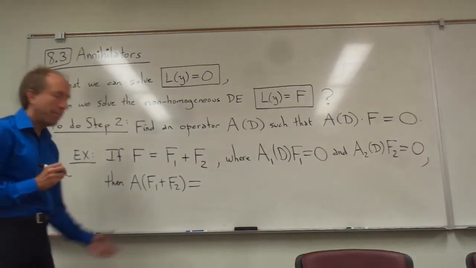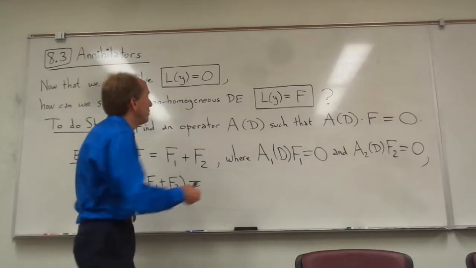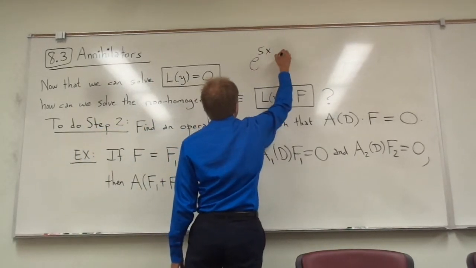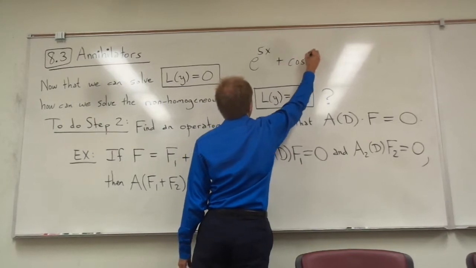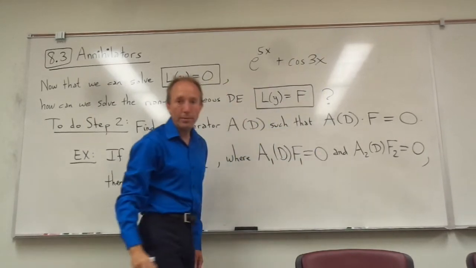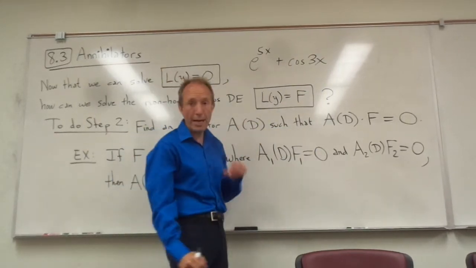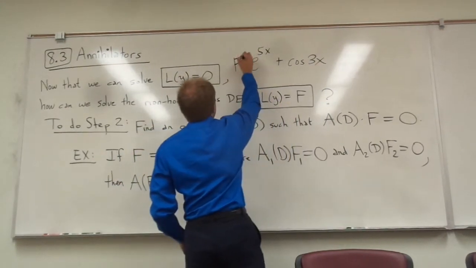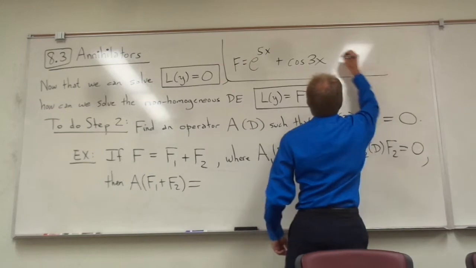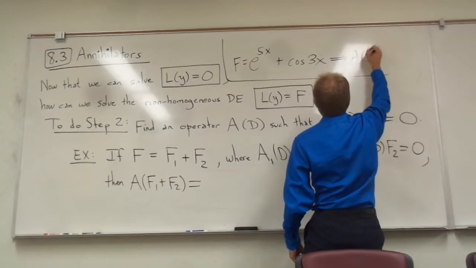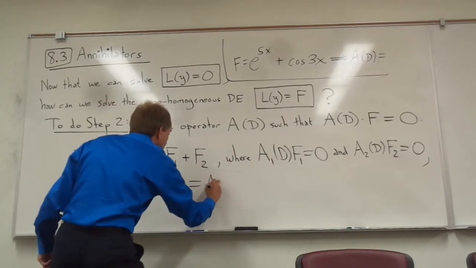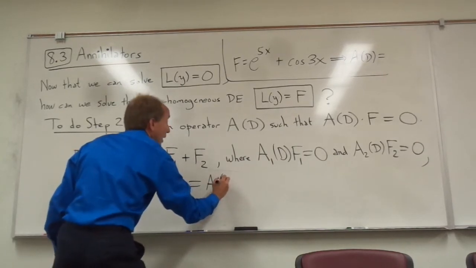Let's say I have, as an example, e to the 5x plus cosine of 3x, and I want to annihilate that. So, if this is capital F, then what's the annihilator? Well, the formula, as it turns out, is that you need to multiply the annihilators.